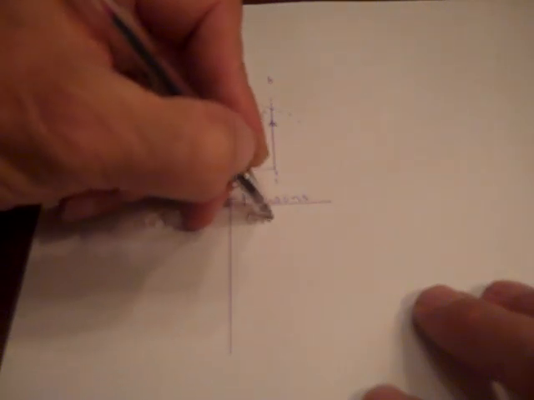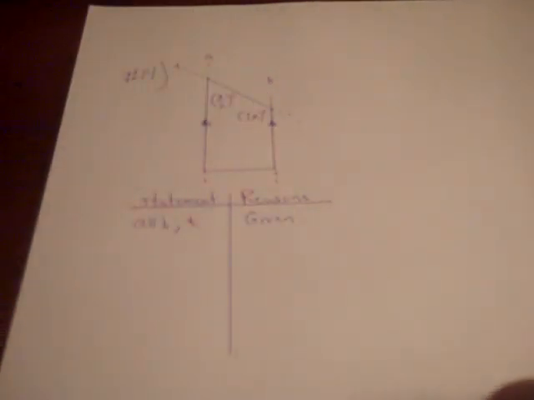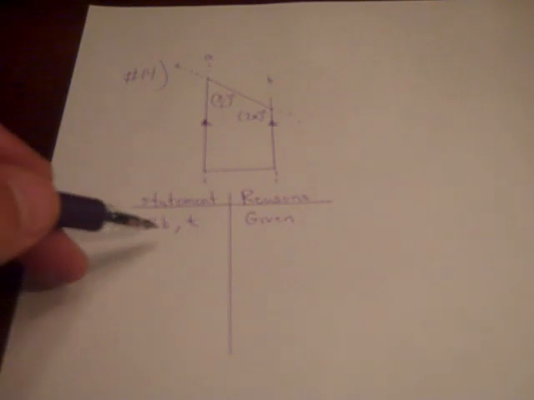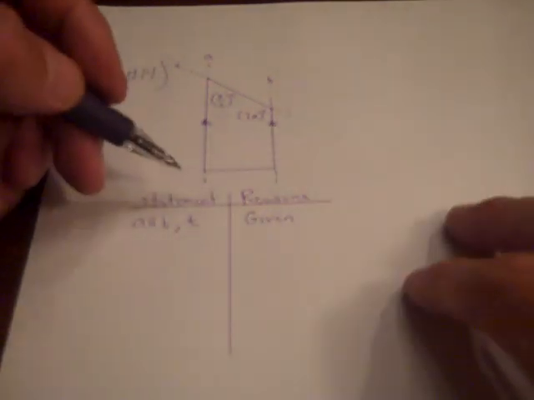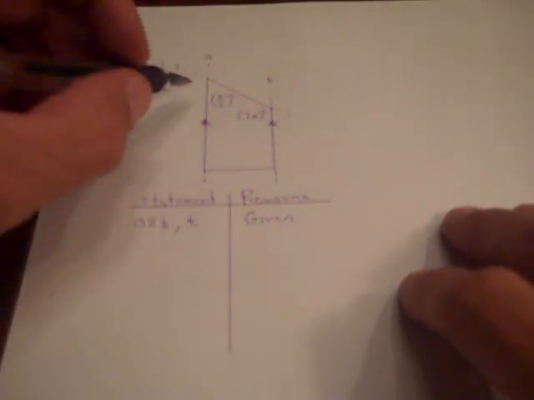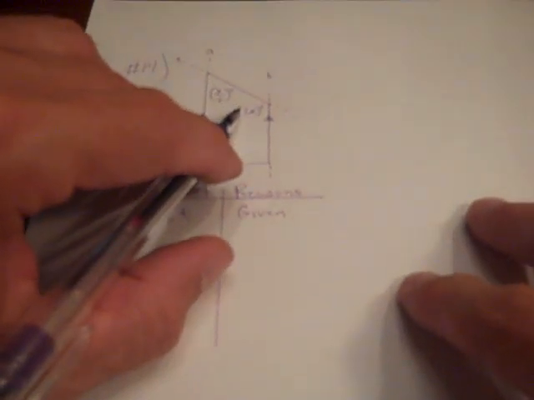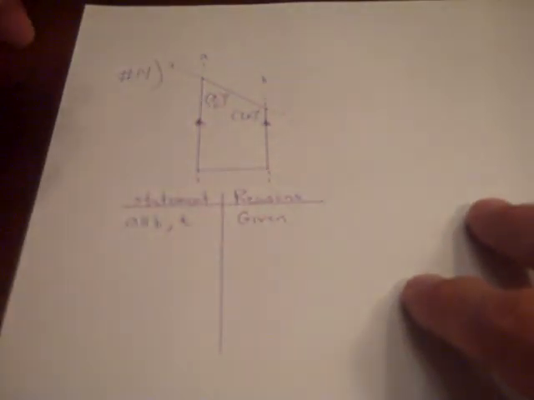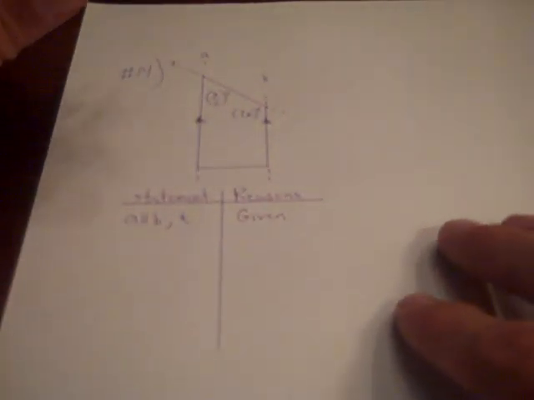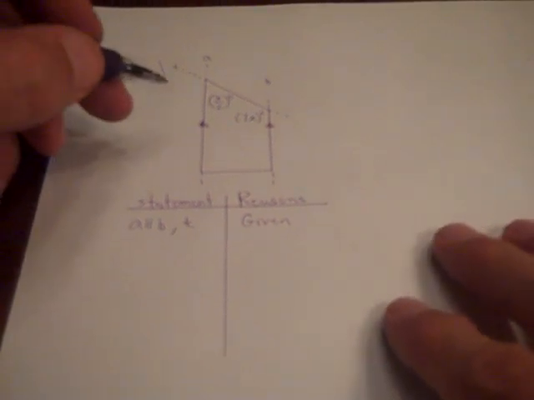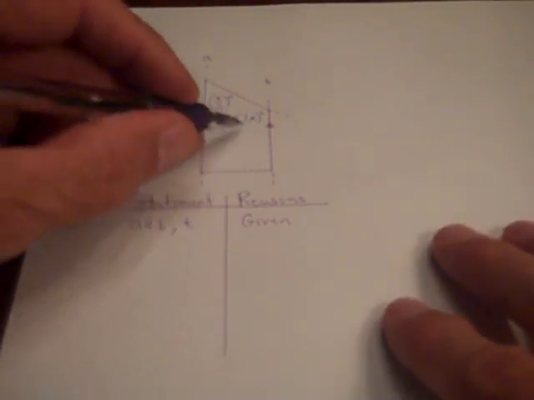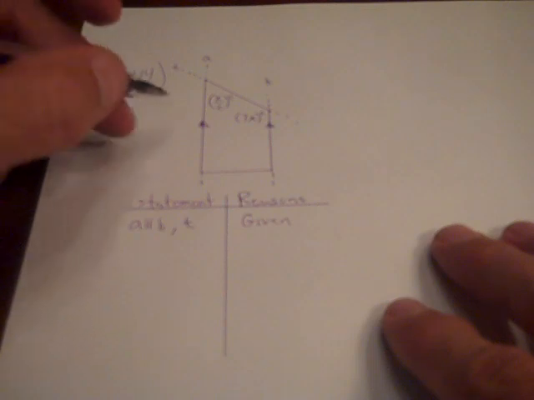So that's given. Since A is parallel to B and it's transversed by T, if I turn this to its side, it would look more like same side interior angles, and we know that same side interior angles are supplementary.